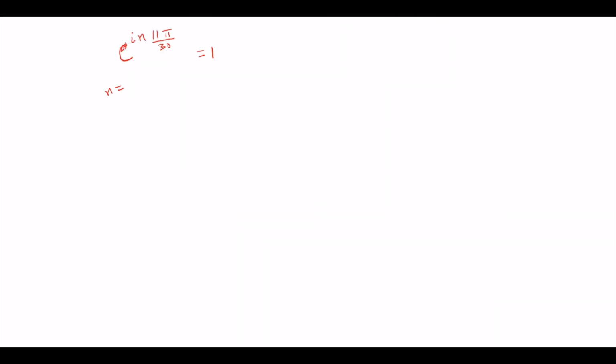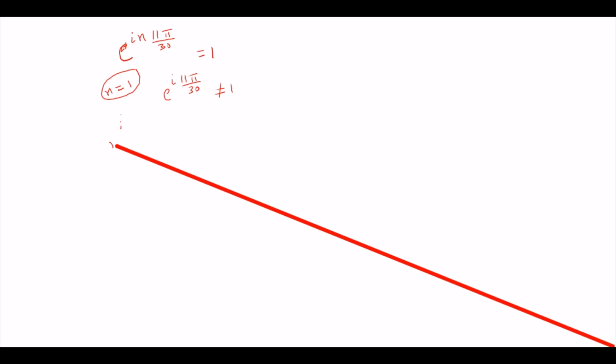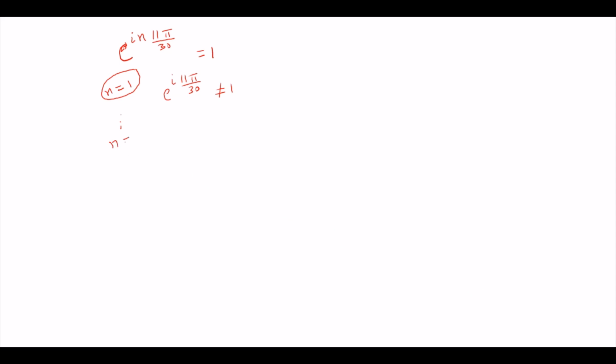Suppose I take n equal to 1: e^(i 11 pi/30) is not equal to 1. This is some non-integer part times pi, so therefore this is not equal to 1. If you do n equal to 2, 3, etc., when I put n equal to 30, what happens? e power i 30 into 11 pi by 30.